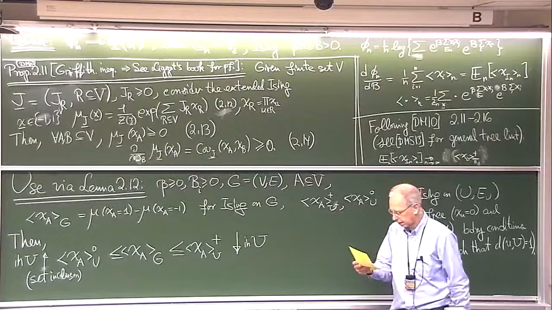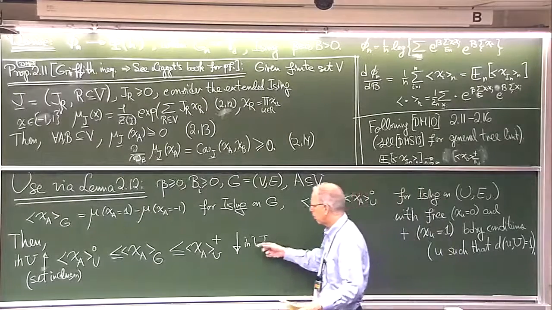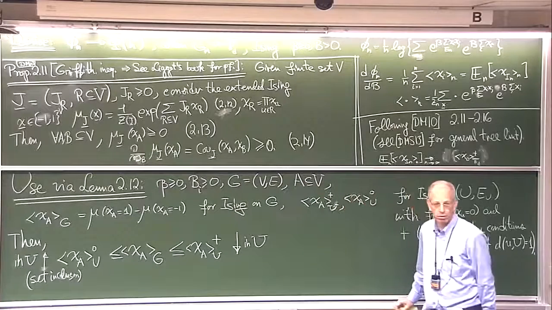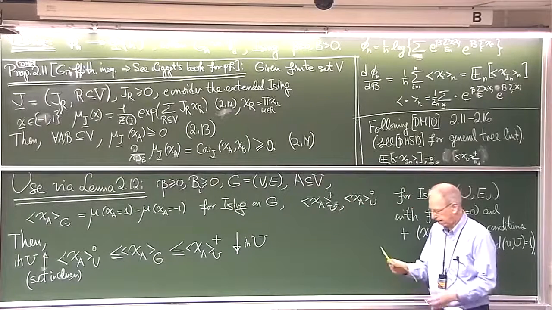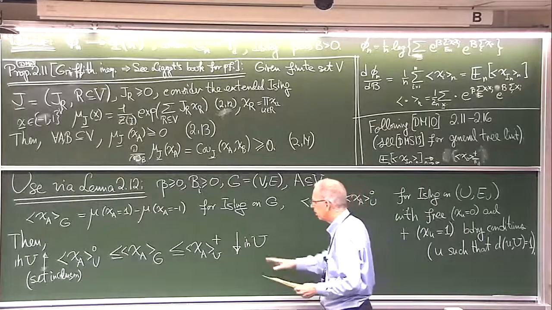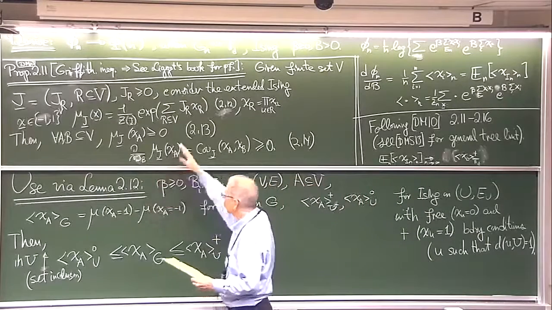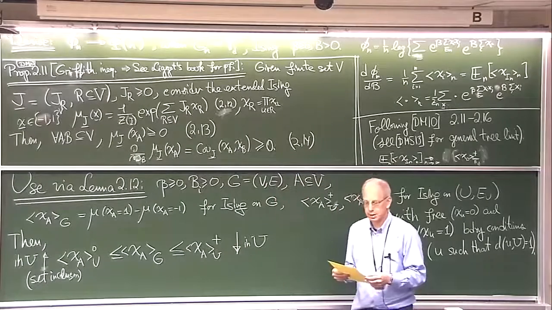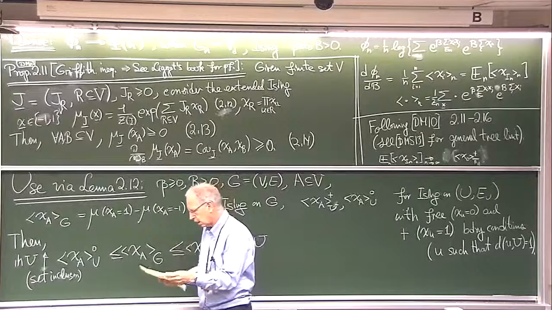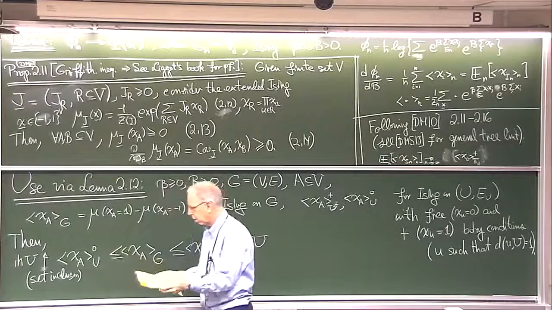If you can increase and increase and increase, you might actually hope that they will coincide, which is exactly what I claimed. Okay, so let me prove to you this lemma, which shows you how you utilize the Griffith inequality. And once we do that, we are on our way.